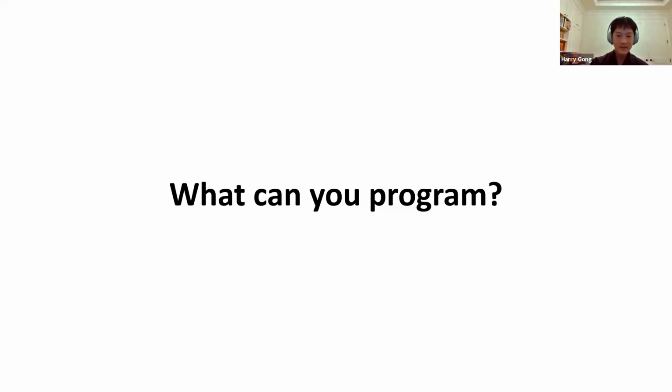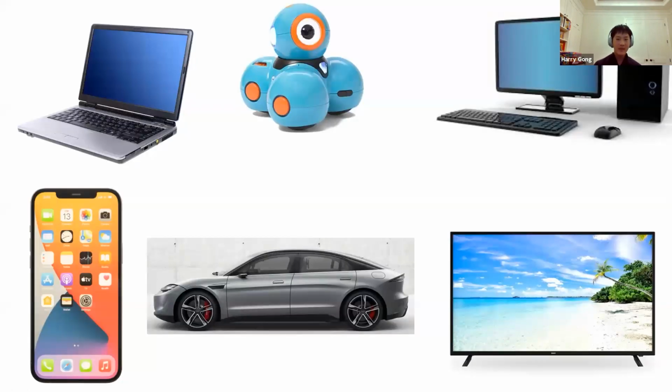And here's the thing about programs. Programs always live and run on devices. So devices can be many things. They can be laptops or computers. They can be cell phones, but they can also be things like children's toys, TV sets, and even cars.